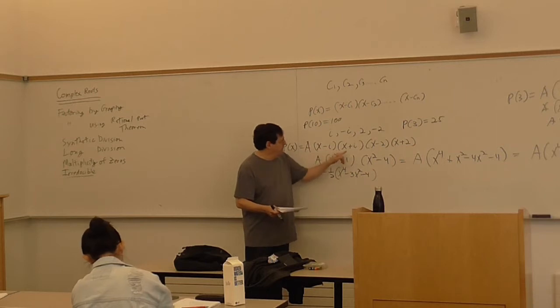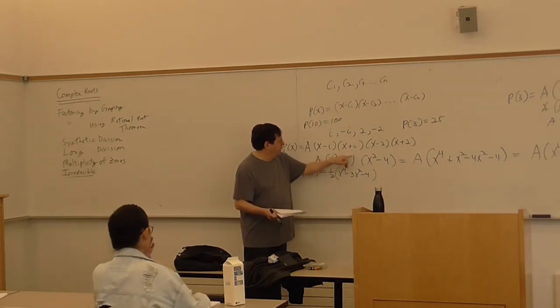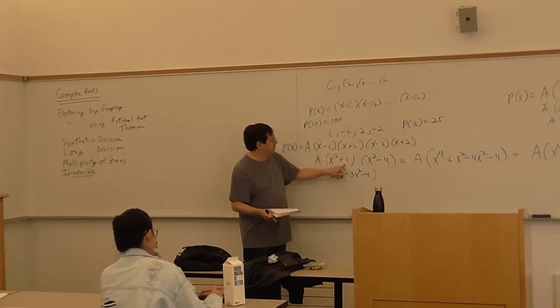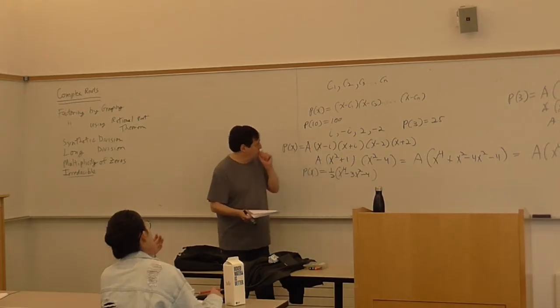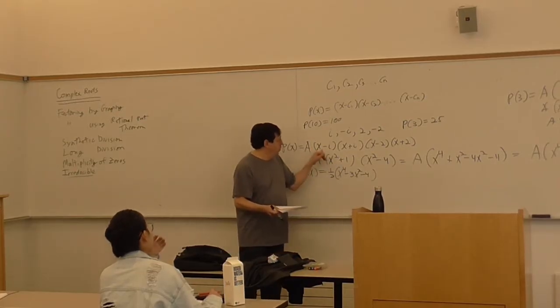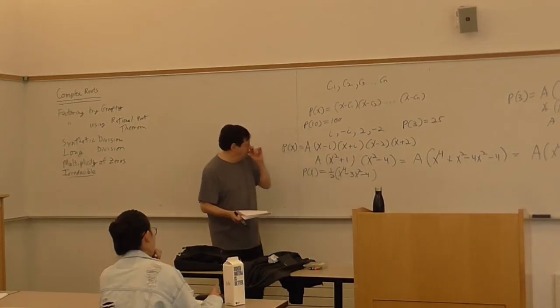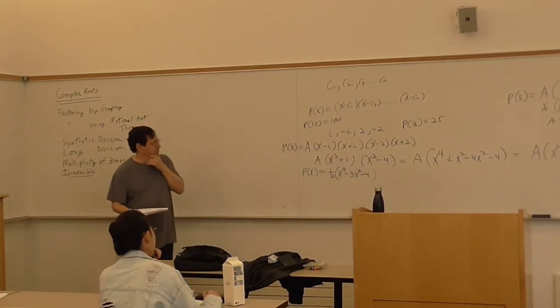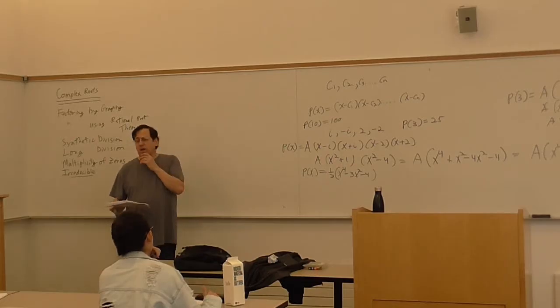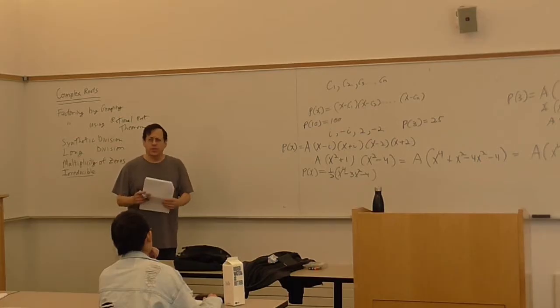Here I had two i's, but I got rid of them. That was nice. i and negative i have a certain relationship that might not be obvious. They're complex conjugates. We talked about complex conjugates before? I think we have.